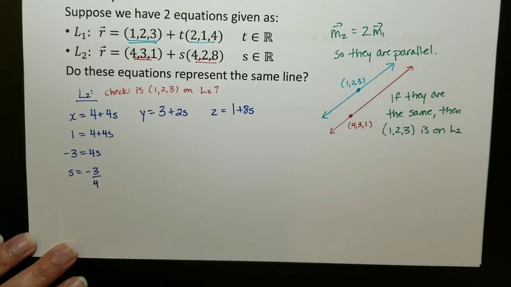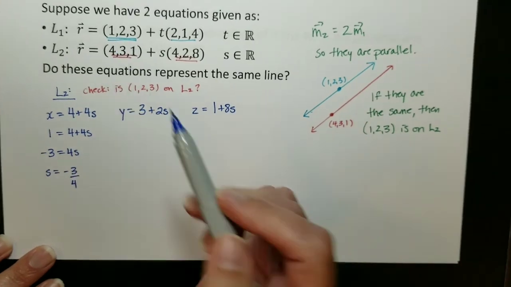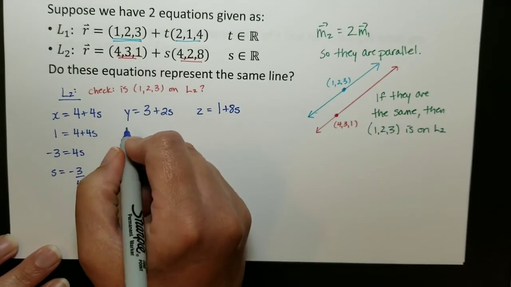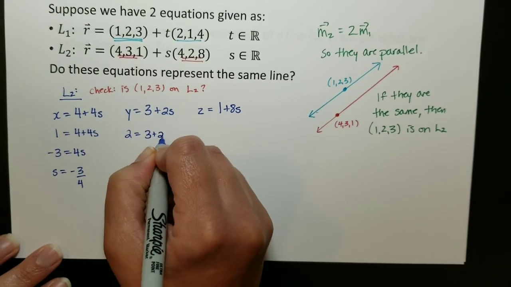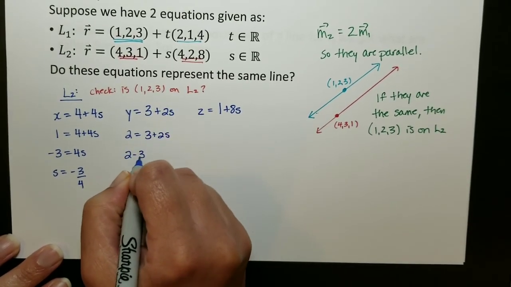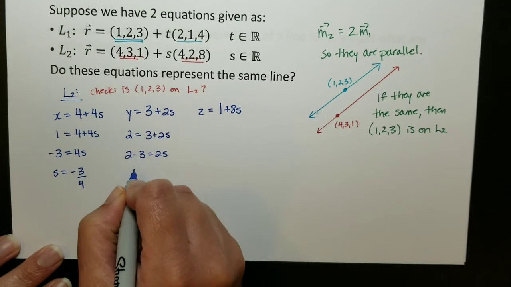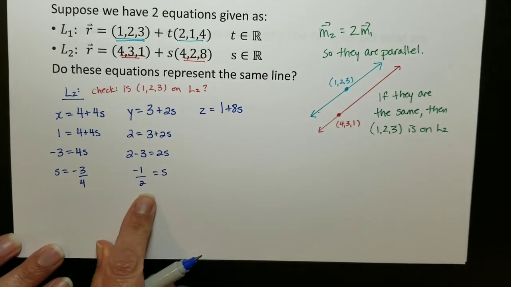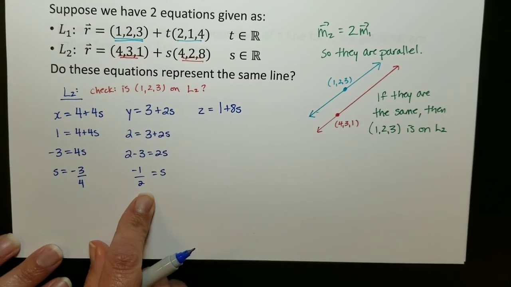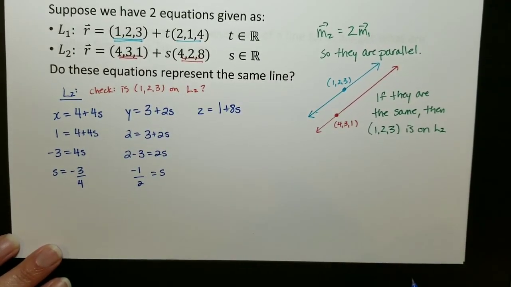So I'm going to sub those in and check. Putting in a 2 for the y value, 2 minus 3 equals 2s. Negative 1/2 equals s. So already I know that this is not going to work because all three of them have to be the same.